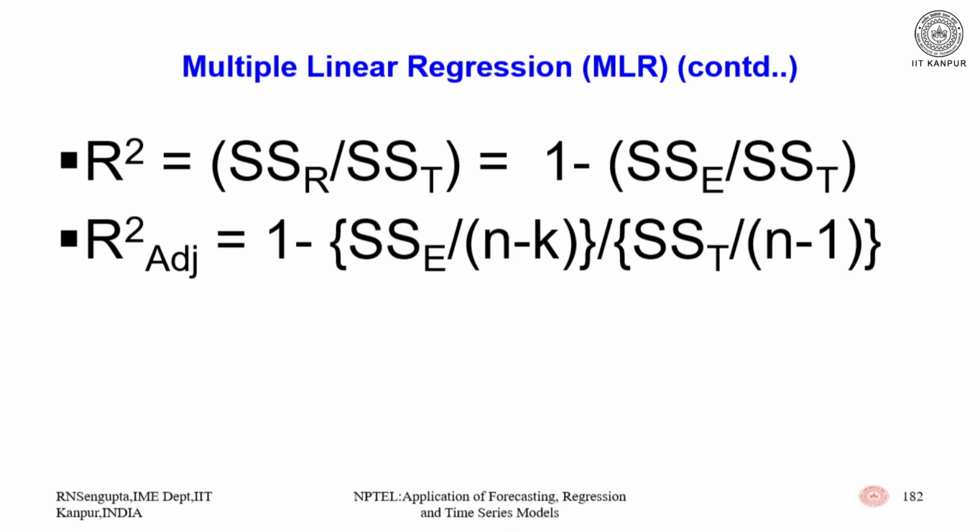So SST total is the sum of SSE and SSR. Based on that we find R square and adjusted R square, which I mentioned the last day, based on per unit SSE and SST. Per unit depends on n minus k for the SSE error term and n minus 1 for the SST total term.